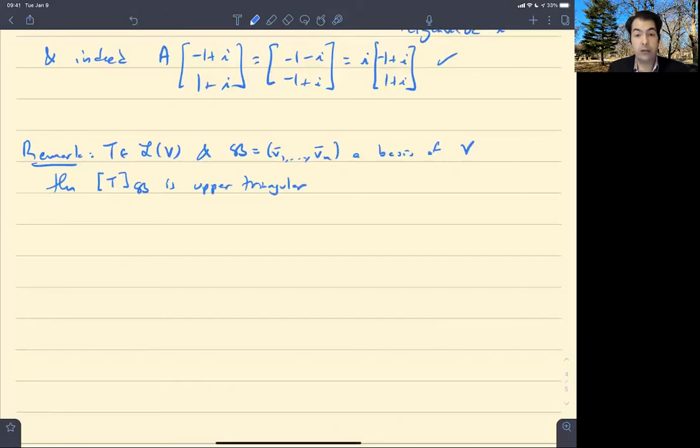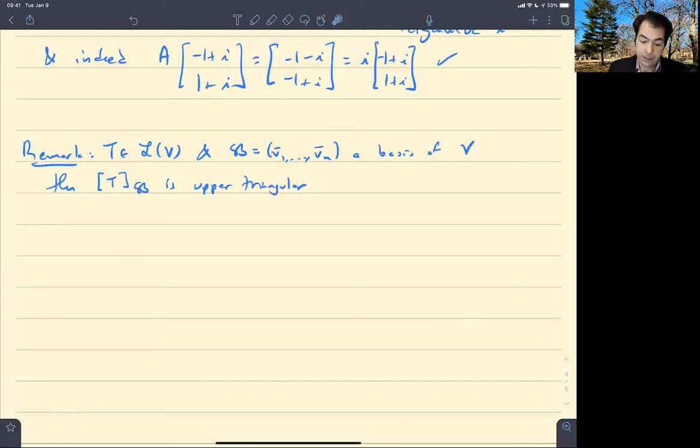Well, if it's upper triangular, then the first column only has a non-zero entry in the first entry. Remember, the first column is the image of the first basis vector written using this basis. So that means that T of v1 has to be a multiple of v1. T of v2 gives us the second column. If we're going to be upper triangular, it can only have non-zero entries in the first two. That means that it has to only depend on the first two vectors in this basis.